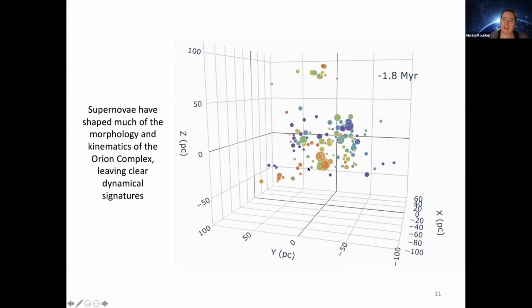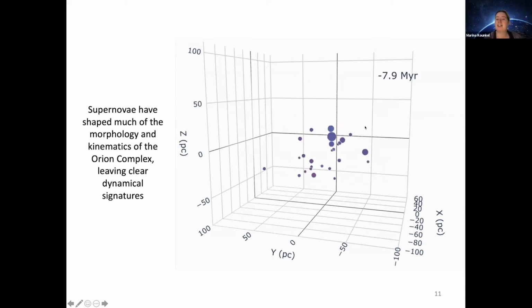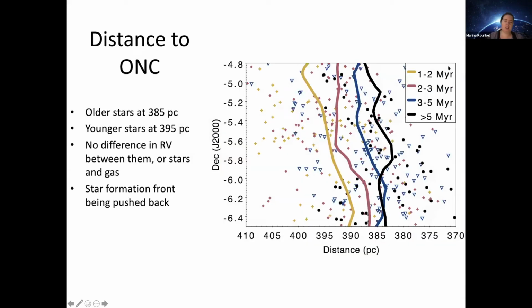And in the Orion Nebula right over here, there's more that you can piece out. There has been a lot of controversy over the distance to the Orion Nebula over the years. But if you take the sources with very precise Gaia parallaxes and separate them on the basis of their age, you see that the distance isn't actually quite constant.